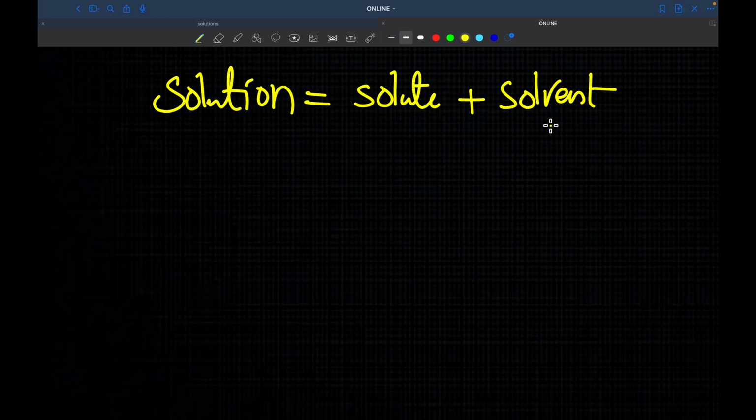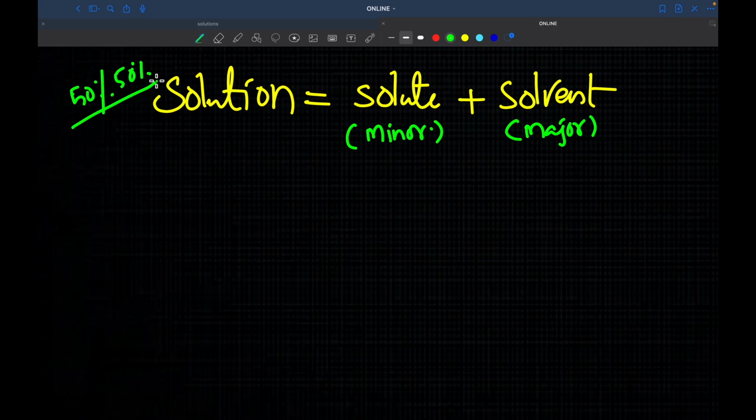One more point. In most solutions, the solvent is the major component. Ninety percent solvent is present and the remaining very minor percent is the solute. What if you have 50% solute and 50% solvent?